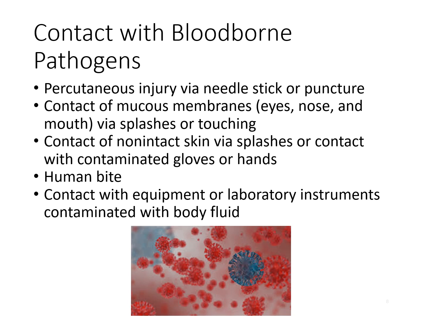Other routes include contact of intact or non-intact skin via splashes or contact, a human bite, and contact with equipment or laboratory instruments that are contaminated with body fluid. Bloodborne pathogens are infectious agents that are carried in the blood, certain body fluids, and certain tissues. And that is the OSHA definition of the bloodborne pathogen.